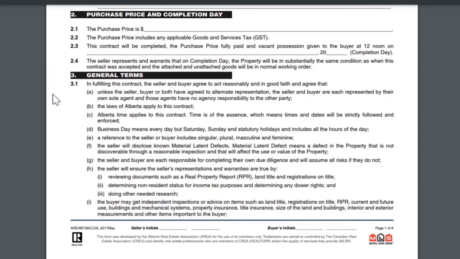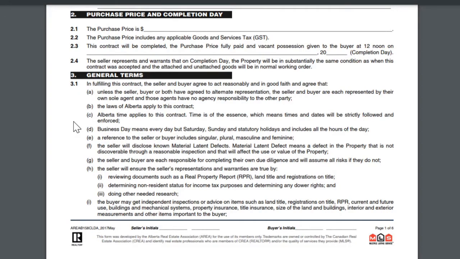All right, general terms. Wow, there's a lot here. So in here, the buyer feels that the seller needs to make sure that they've disclosed things, if there is anything to be disclosed.